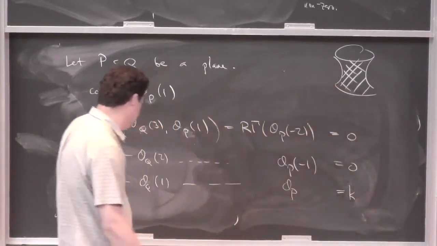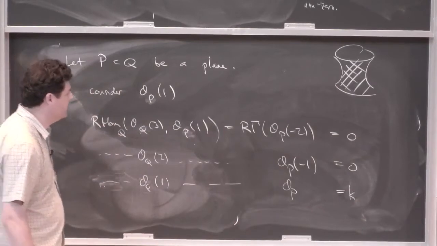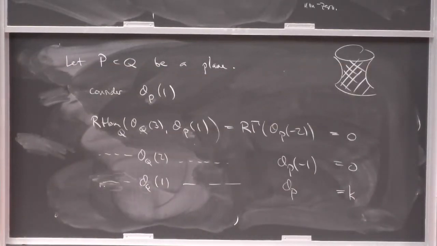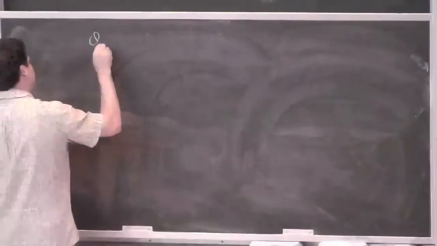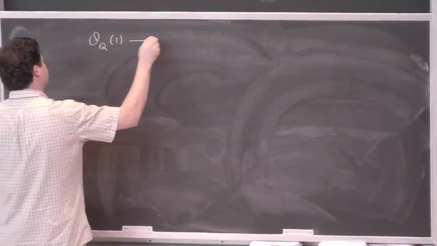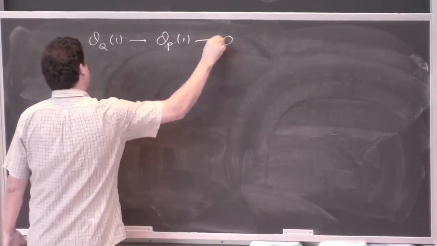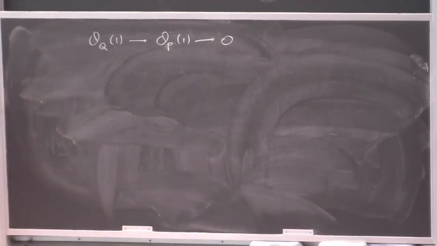There is one map from OQ. Oh, and you know exactly what it is. It's just the usual restriction map, twisted by 1.